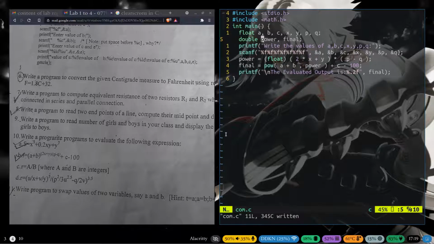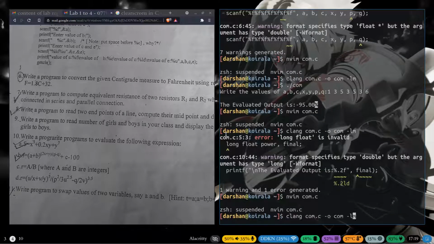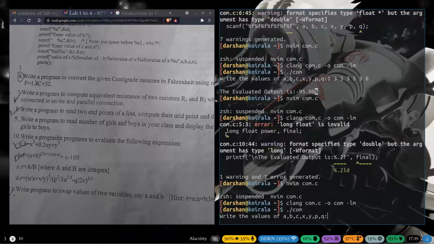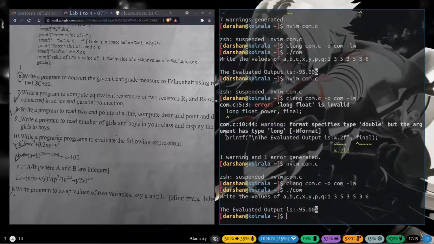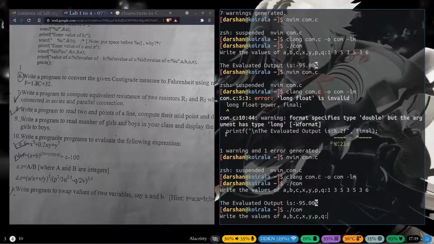Double. 1 3 5 3 5 3, 3 5 3 5 3 6 3 6, again minus 95. Let me do a little bit simpler solution.